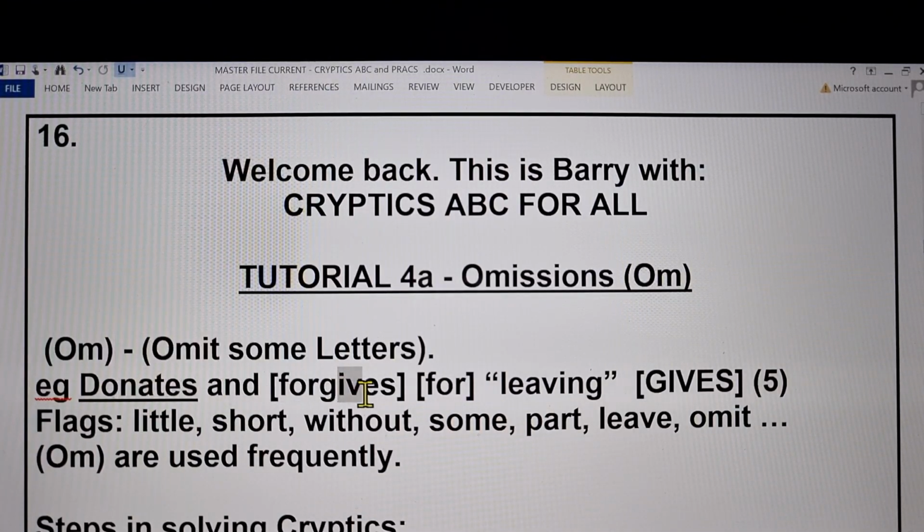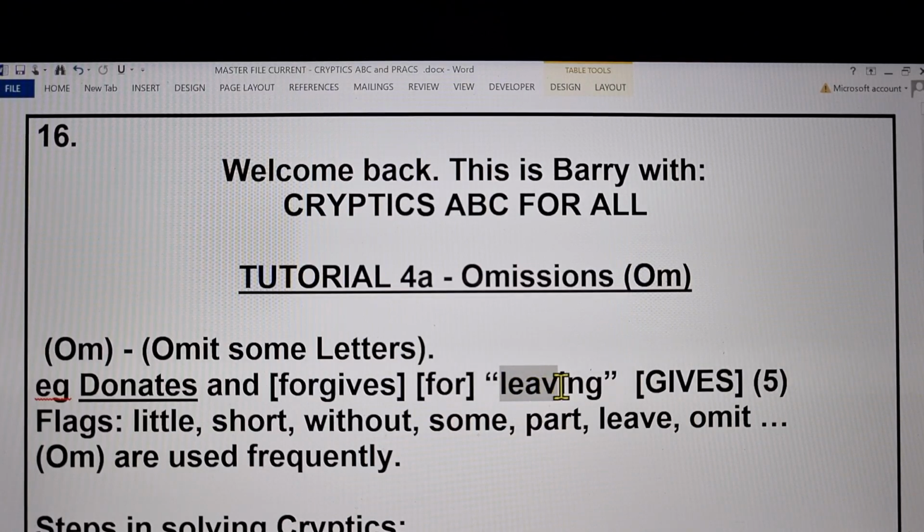Now you can see two fodders here. One fodder has the words or letters that are omitted from the other word. You can see that "for" there is taken from that "forgives," and what you get left over is the word "gives," which is the answer. Why is that so? Well, this is what it's all about.